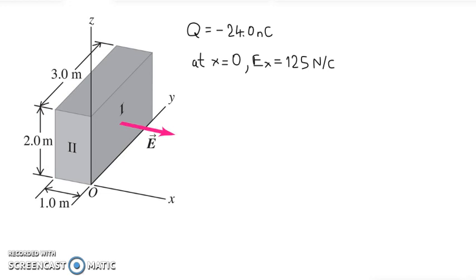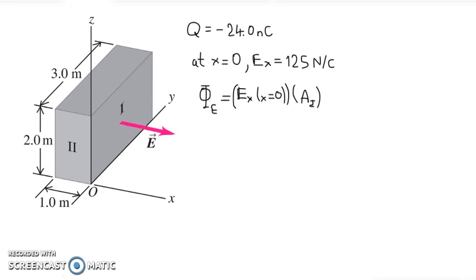To calculate the flux through the surface, let's simply multiply the electric field strength, which is uniform on the surface, everywhere on the surface, times the area of the surface. Because this is outward from the volume, this is going to be a positive flux. So here's my formula. Flux through surface 1 is equal to the electric field magnitude at x equals 0 times the surface area of surface 1, which I called A sub 1.